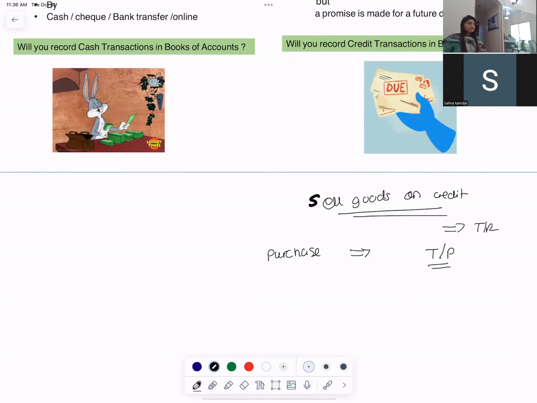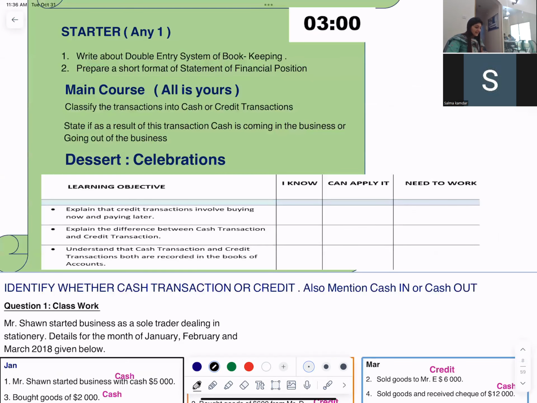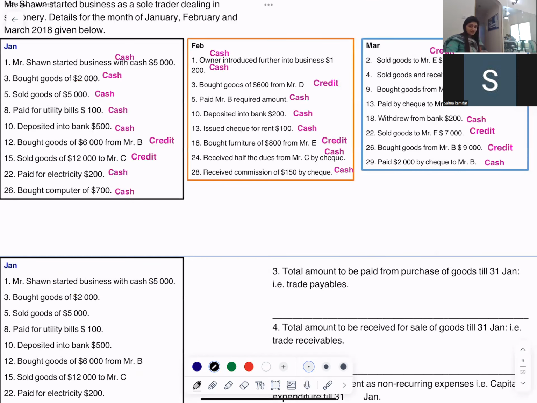Trade payables are also called what? Suppliers. Trade receivables are also called what? Trade receivables are also called your customers. Okay, very well. So you know how to identify a transaction as a cash transaction or a credit transaction.